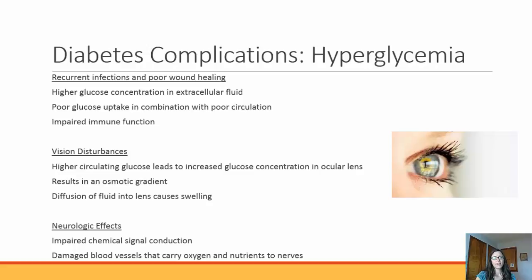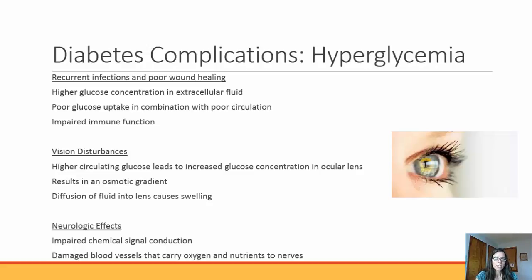Also, we've talked about the glycation of our cells. When we have so much glucose, the proteins on our cells can become glycosylated, and it can really mess with how our chemical signals are conducted, and so that can lead to an impairment in how our chemical signals are received.